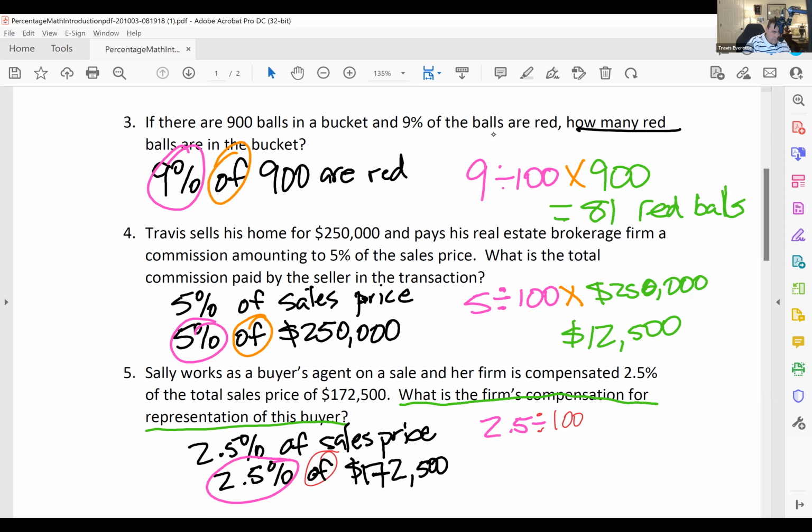"Of" is multiplication. And then we're going to stick with the 172.5.